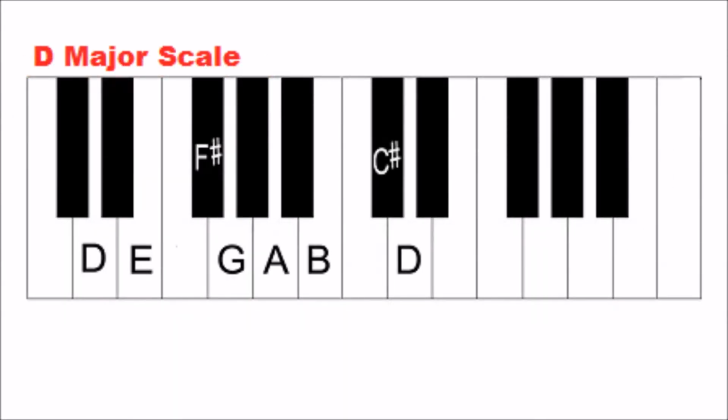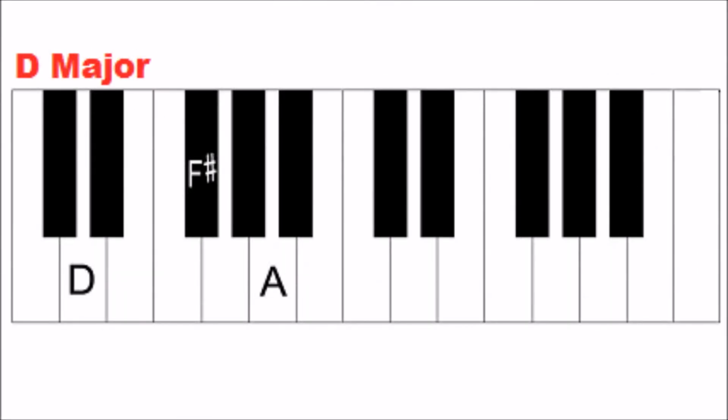Another way to come up with chords by key is to first of all know what the scale is. Then form each chord by skipping a letter or note. For instance, you can start on D, skip E, play F sharp, skip G, and play A, giving you D, F sharp, A, which is a D major chord.